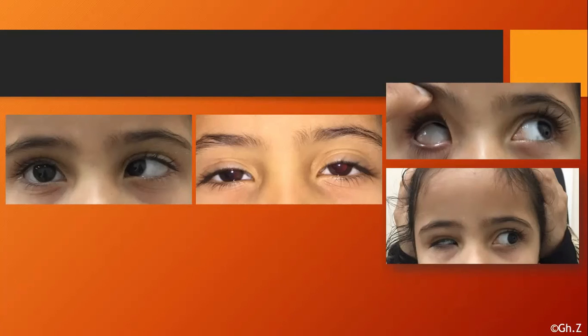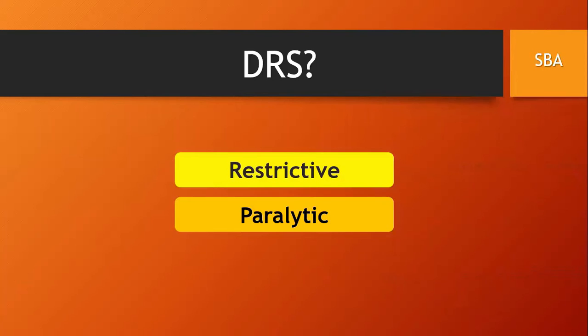All right. What is the pathology of Duane Retraction Syndrome? Or the etiology. So is it restrictive or paralytic or other? Ma'am, it is other, ma'am. Can I explain? Yeah, go ahead.